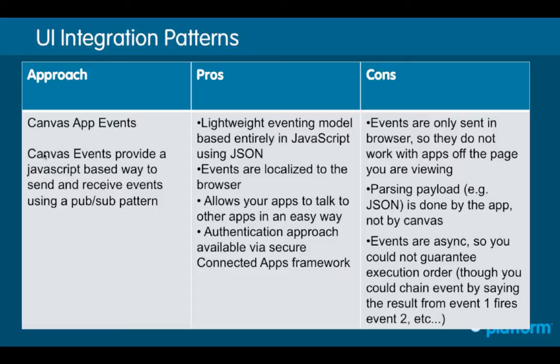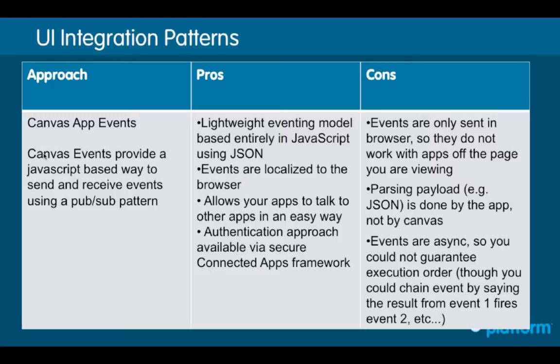Events using Canvas app events are localized to the client, so they're browser-to-browser based events. For example, you can raise an event from one area of the console and receive it within a Canvas app. So raise an event within Salesforce and then receive it within your embedded Canvas app using a pub-sub pattern.